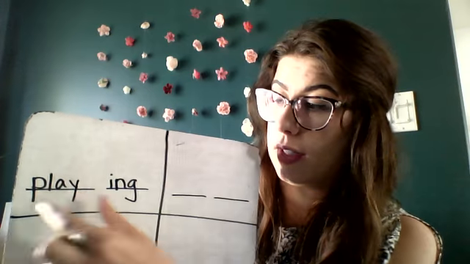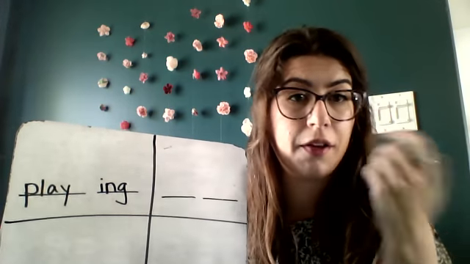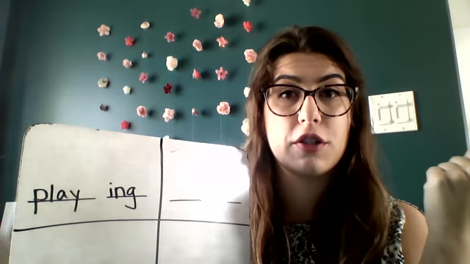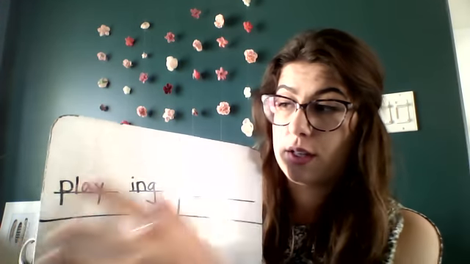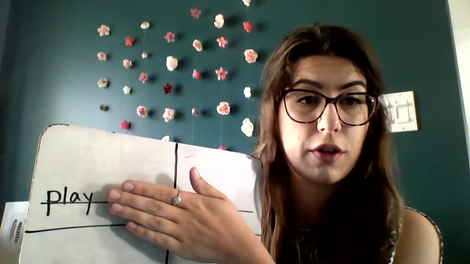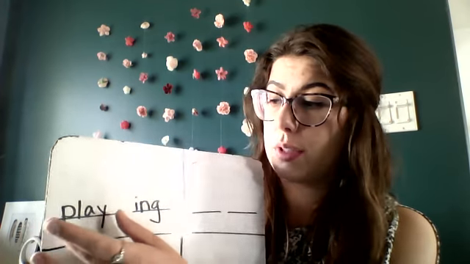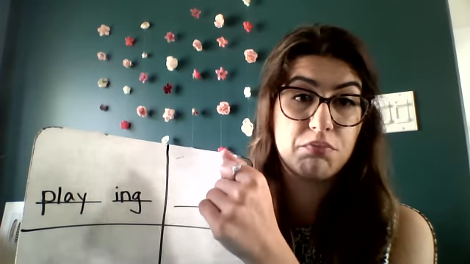So we have play on one side, ing on the other. Why do we need to know syllables too? Are you wondering that? It's much easier to spell words when you break it up. I'm sure you can spell play, it was a sight word, and then you add ing. It helps us spell words in smaller chunks. It's just like when I say punch out the sounds when you don't know a word. When I'm saying punch out the sounds, you're kind of punching out those syllables.